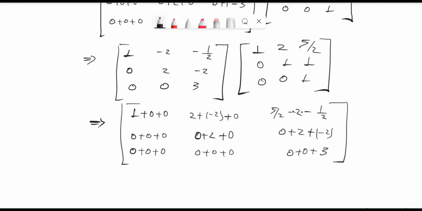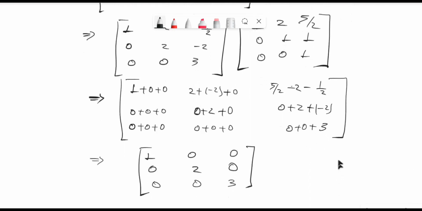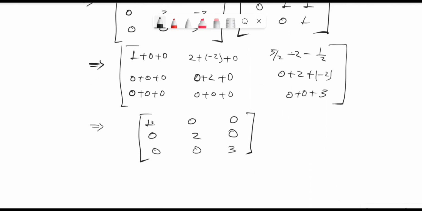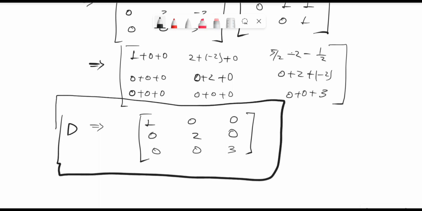When we calculate, we have 1, 0, 0, 0, 2, 0, 0, 0, 3, which is the diagonal matrix. You can see this is the diagonal matrix we found. So the condition is satisfied, and we have proven that D is equal to P inverse A P.